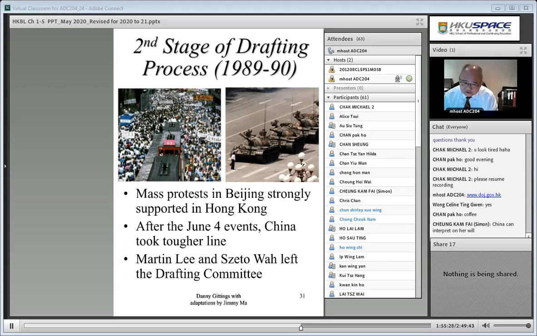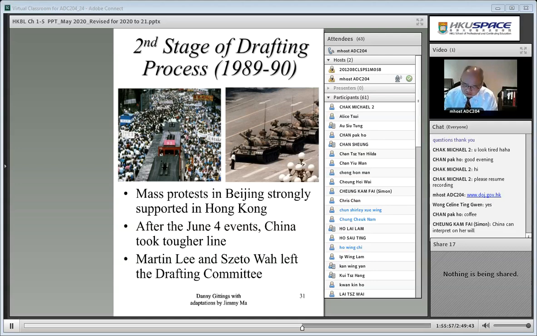To say that it means whoever is in power is not keen to share its powers with sort of second tier or local authorities like the province or other autonomous regions within China.